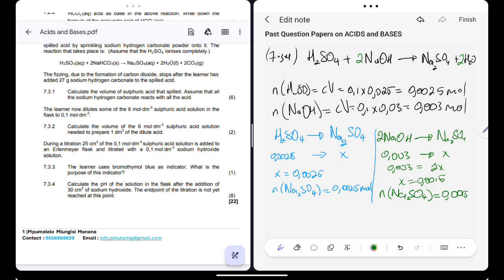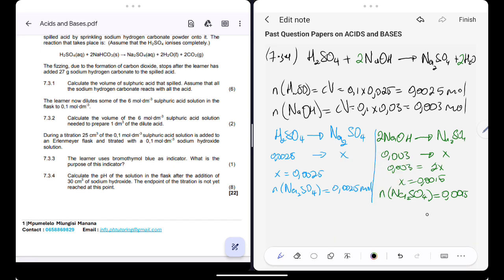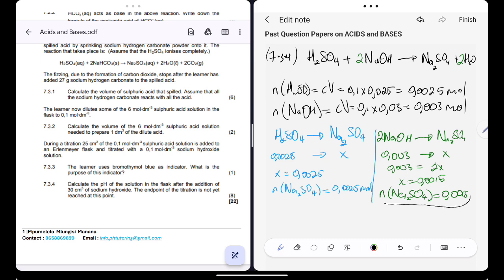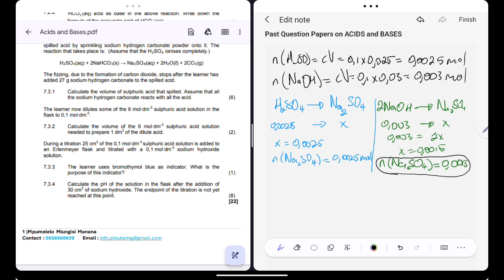Okay, we can all see that, guys, the base is the one that produces the small amount of the product. So which simply means that the base is the limiting reagent. That means the acid is the one that is in excess. Are you together?